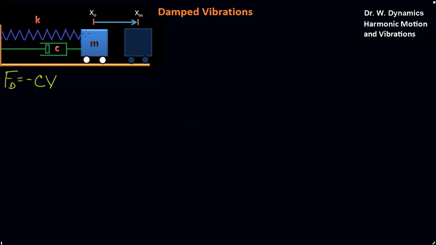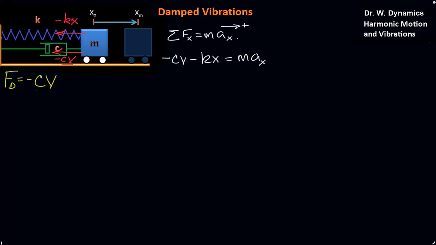As we develop our free body diagram, we have minus kx, the spring force acting on here, and now we also have minus cv, our viscous damping force as well. And we can apply Newton's law. The sum of the forces in the x is max. Call that direction positive, and we'll get minus cv minus kx is equal to max.